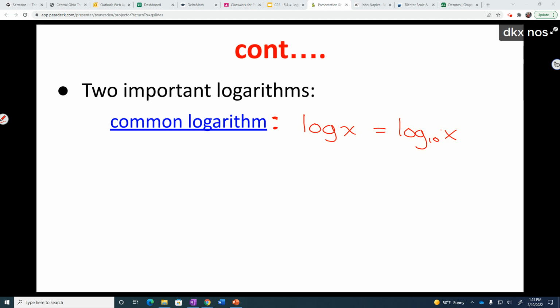And so the way that we could solve this would be, if I said log 100, what would that be?